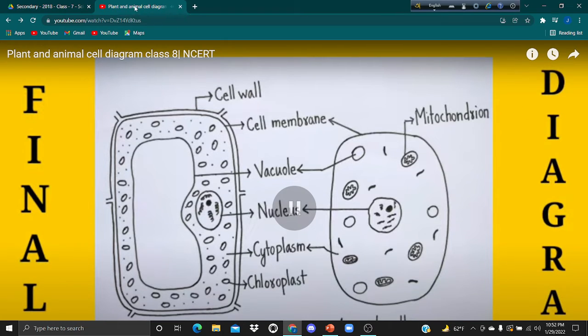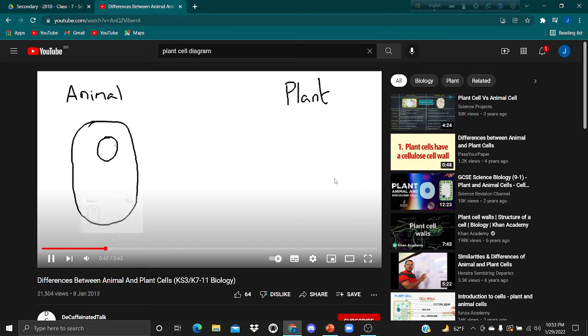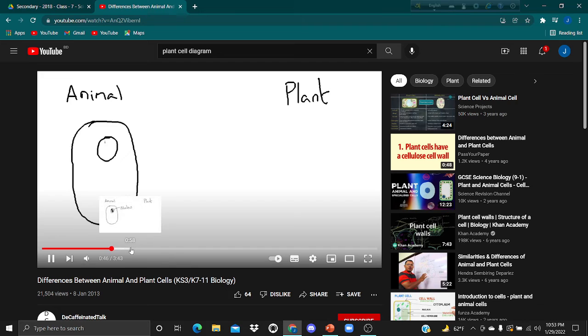And we can also see the difference between the plant cell and the animal cell. Which things are common in the plant cell and the animal cell, and which things are not common.